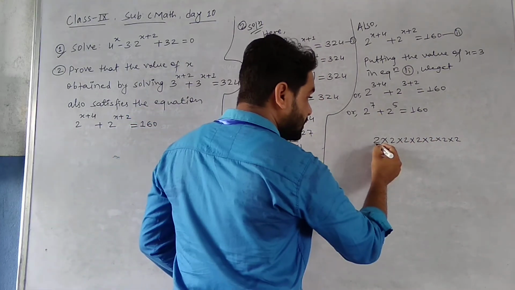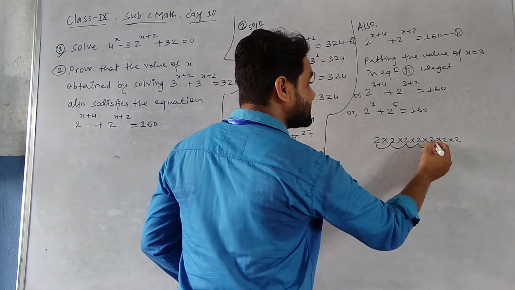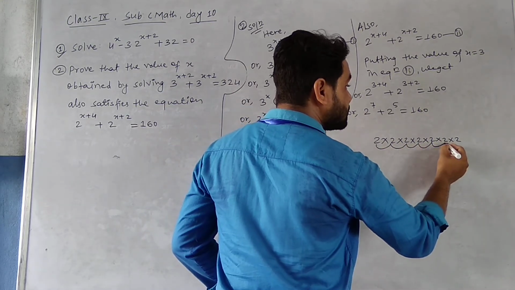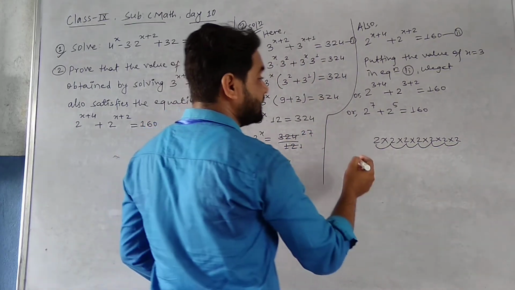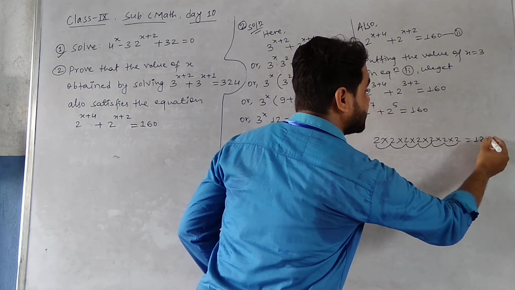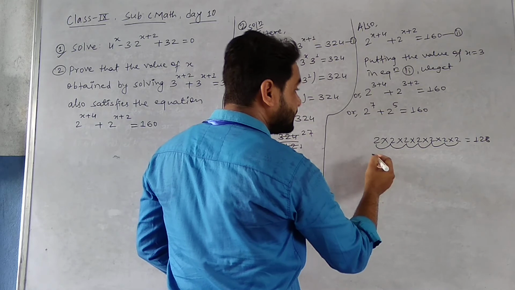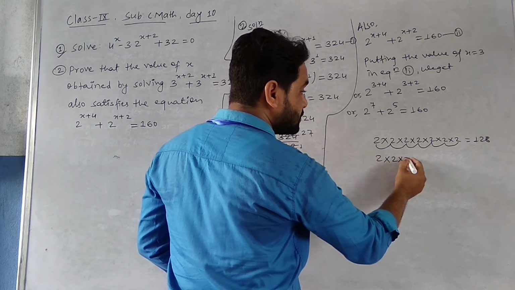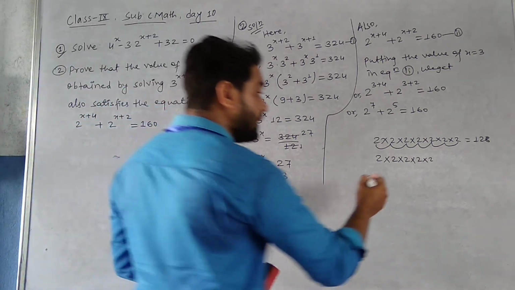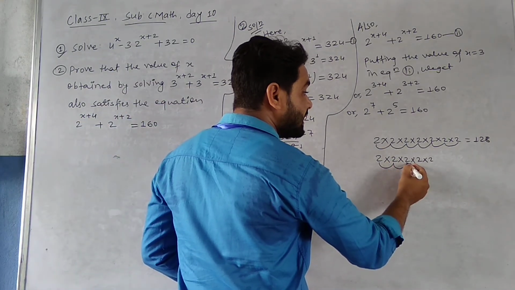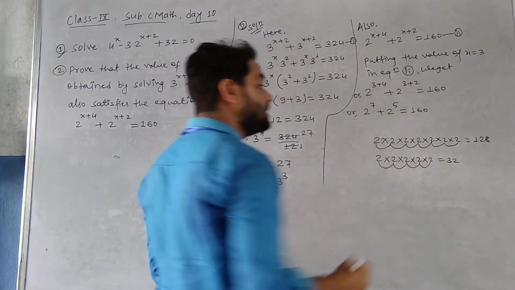Let's multiply this. 2 twos are 4, 4 twos are 8, 8 twos are 16, 16 twos are 32, 32 twos are 64, 64 twos are 128. We get 128. Now here, 2 into 2 into 2 into 2 into 2, that means 5 twos are there, and let's multiply this. 2 twos are 4, 4 twos are 8, 8 twos are 16, 16 twos are 32.